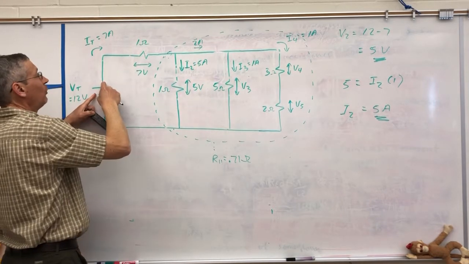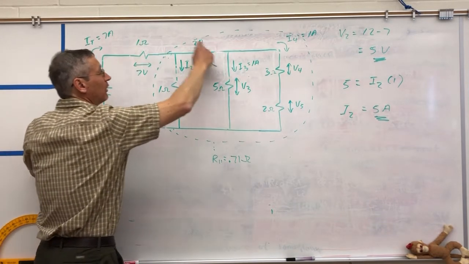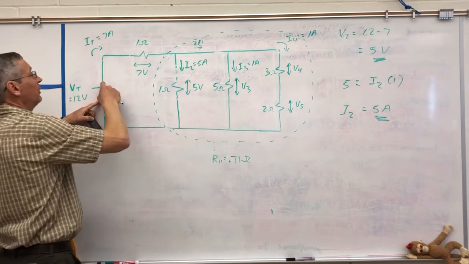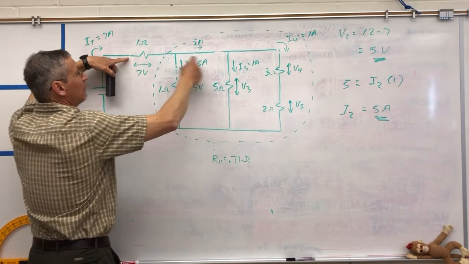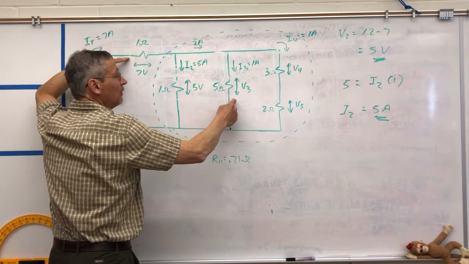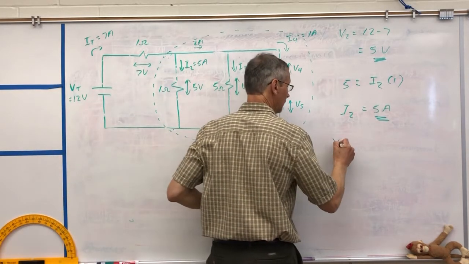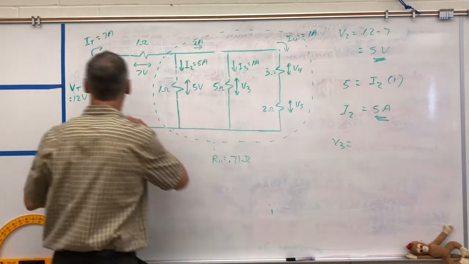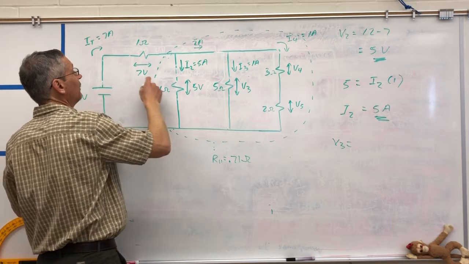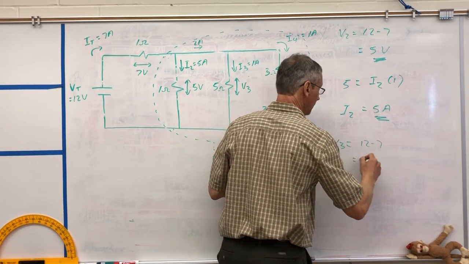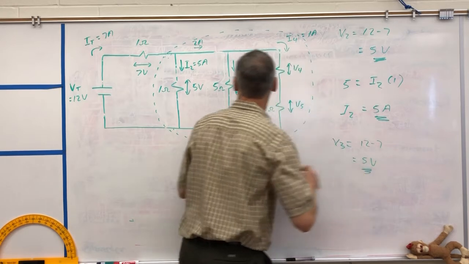If you gain 12 volts, that means as you're going around this circuit, you got to lose 12 volts. So you gain 12 here, you lose 7 here, that means you got to lose 5 here. V3 is going to be equal to the difference between 12 and 7. V3 is going to be 12, take away 7, that's going to be 5 volts.